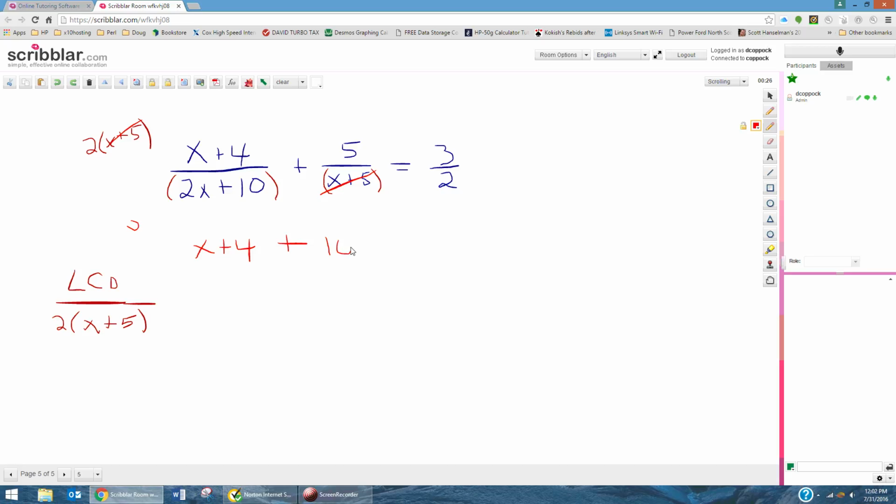Oh, by the way, did I forget to mention what answers I'll reject. What numbers turn these denominators to 0? Well, there's one of them. X cannot equal -5. I put a -5 in here for X, I'll get a 0. Same over here. Okay? And finally, when I take this LCD times the 3/2, the 2's cancel out, and I get 3 times the quantity X plus 5.